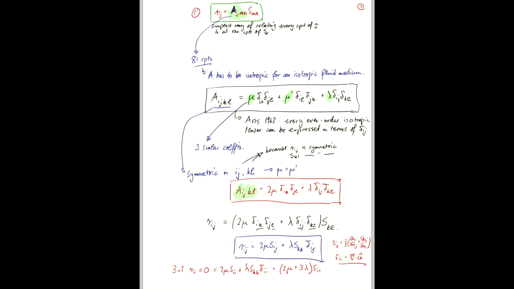So that means that 0 is 2 mu plus 3 lambda times the divergence of u. Of course, we can cancel that, and we find that lambda is minus 2/3 of mu. And we're left with only one constant of a relation between tau and S.